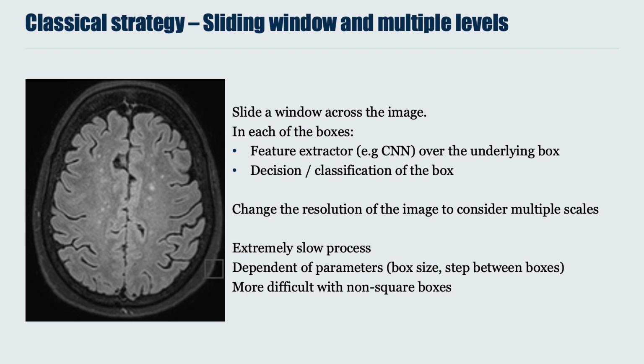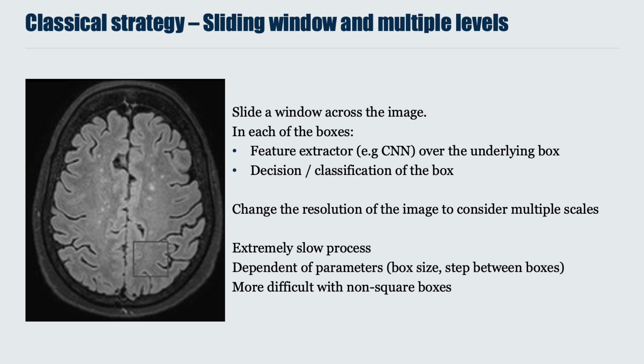And in order to assess what's happening and consider different scales, you can consider multiple types of windows, where here you slide different sizes of windows to detect if there is an object at a certain scale or another.